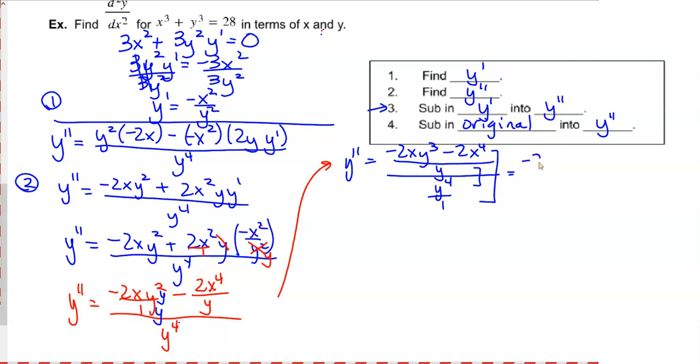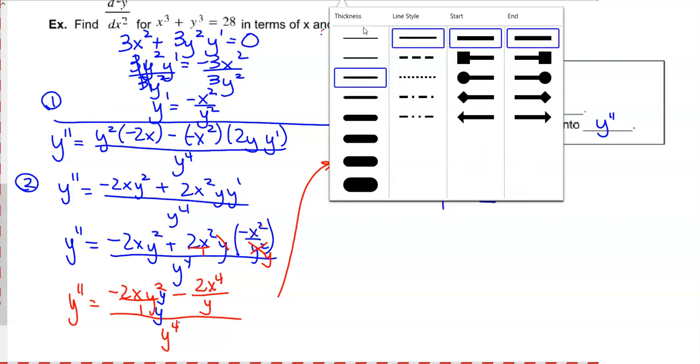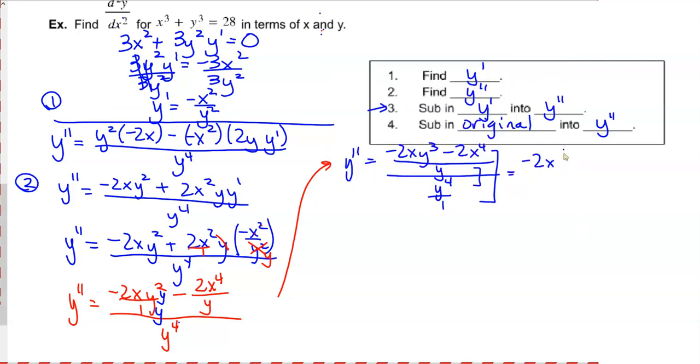So I'm going to go ahead and choose to take out a negative 2x, not a negative 2xy, a negative 2x. And when I do that, what am I left over with? Well, negative 2x, I'm left with a y cubed. If I take a negative 2 and one of these x's, I'm left with a positive x cubed, all over the means this time, which would give me this y times a y to the 4th, which is y to the 5th.